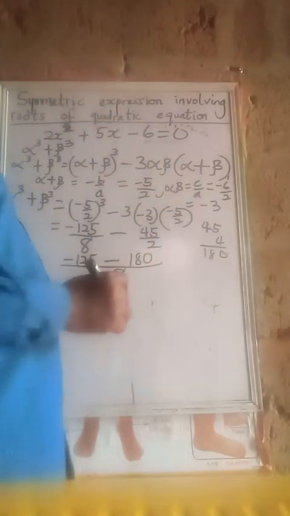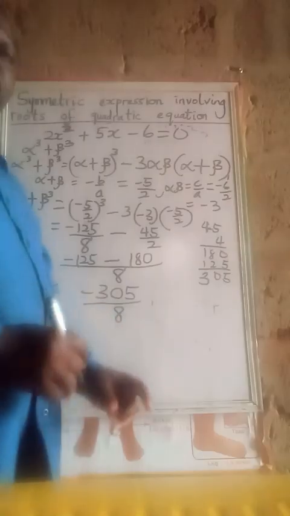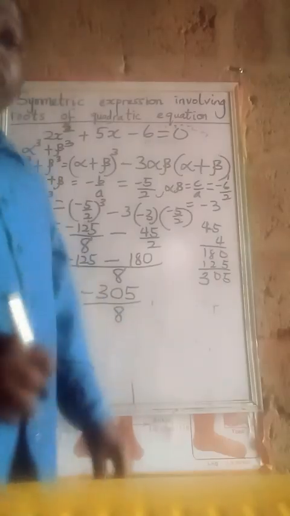Then 45 times 4, that is 180. Now minus 125 minus 180, that will give us minus 305. So minus 305 all over 8. And that is the value of alpha cube plus beta cube according to this equation.